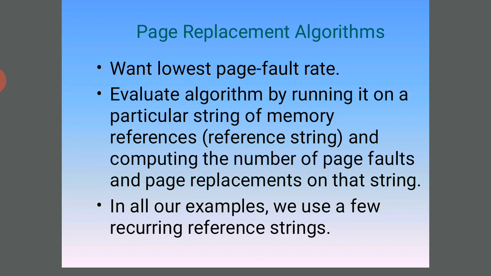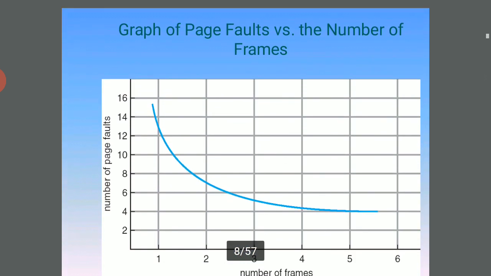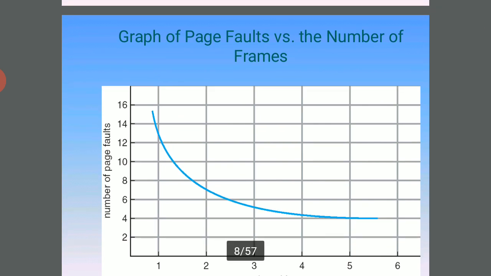We evaluate the algorithms by running them on a particular string of memory references, called a reference string, and computing the number of page faults and page replacements on that string. In all our examples we use a few recurring reference strings. Here see the graph of page faults versus the number of frames.